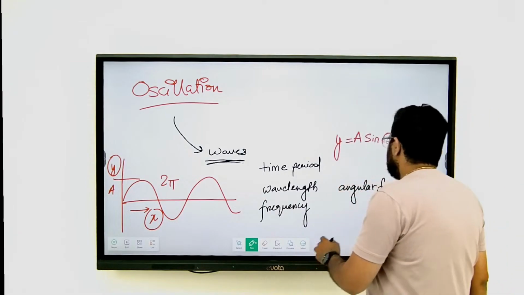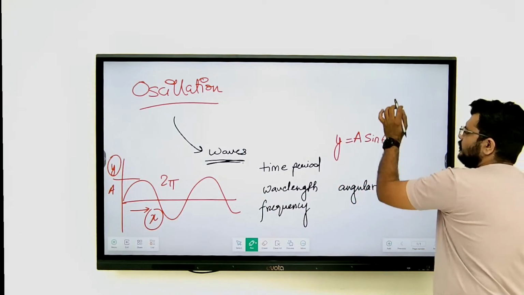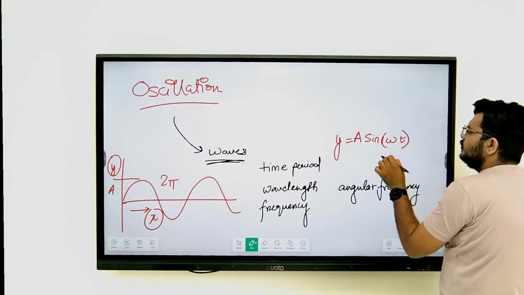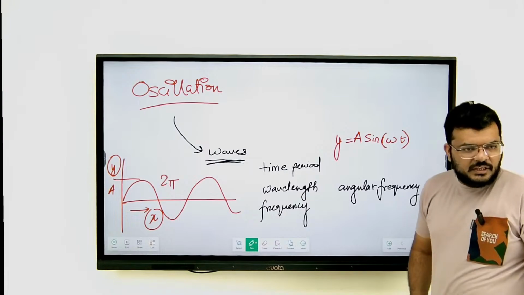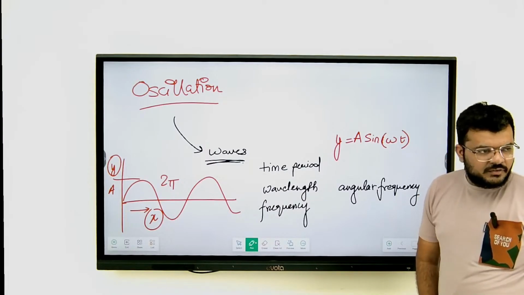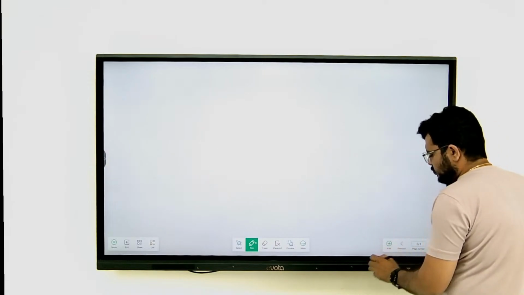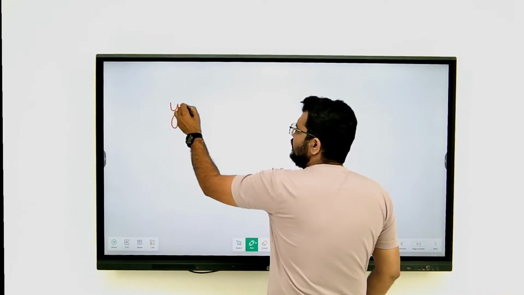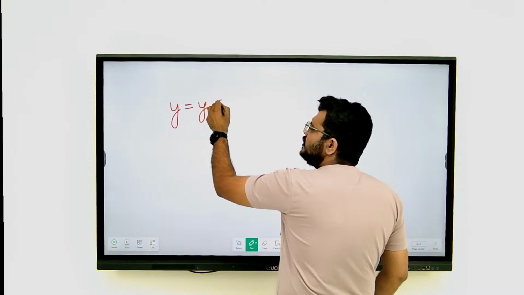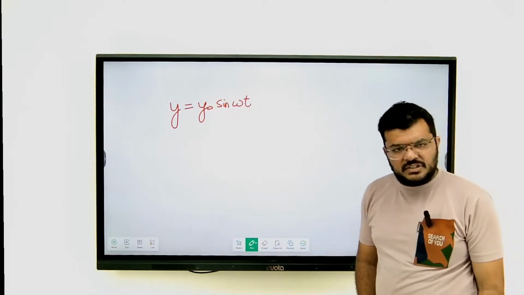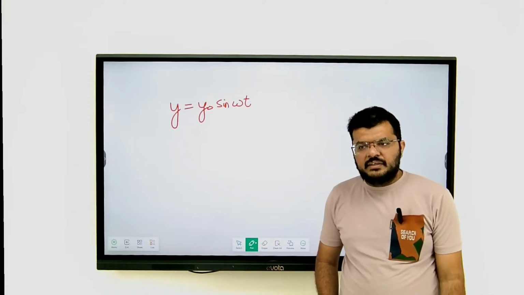And this theta can be substituted by writing angular velocity into the time t, right? So this becomes a dynamic formula, right? Now if this is understood, working with y is equal to, shall I write y0 sine omega t? Yeah. Right? Y0 is the maximum value of y. Okay.